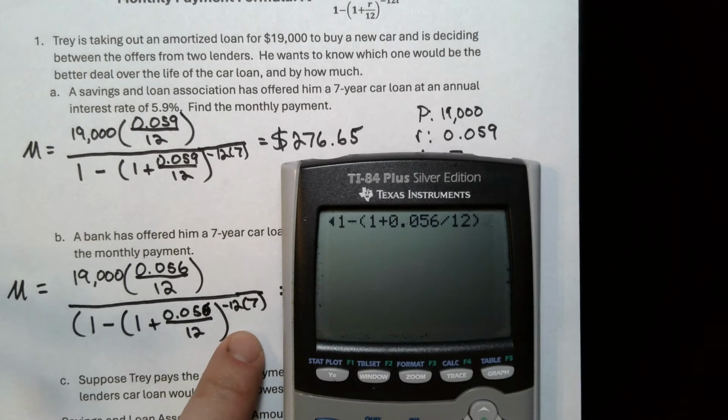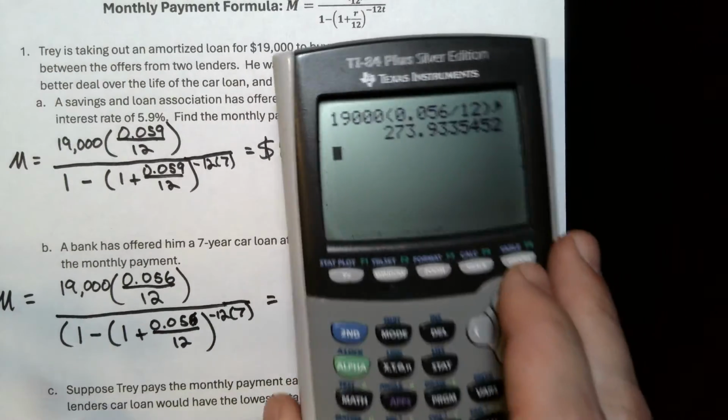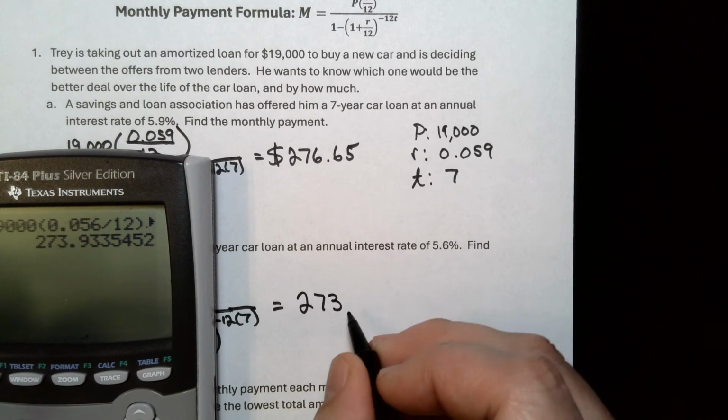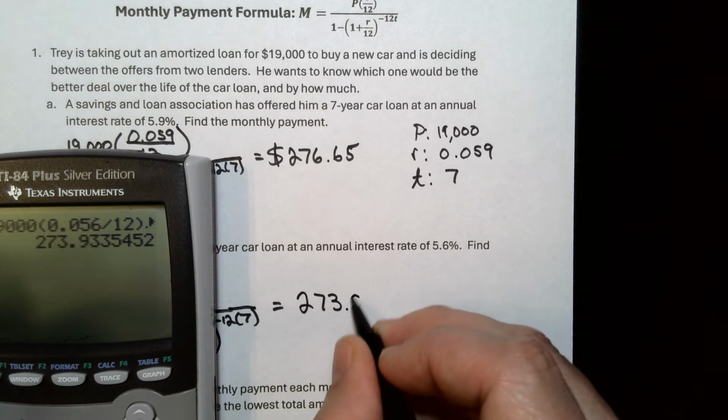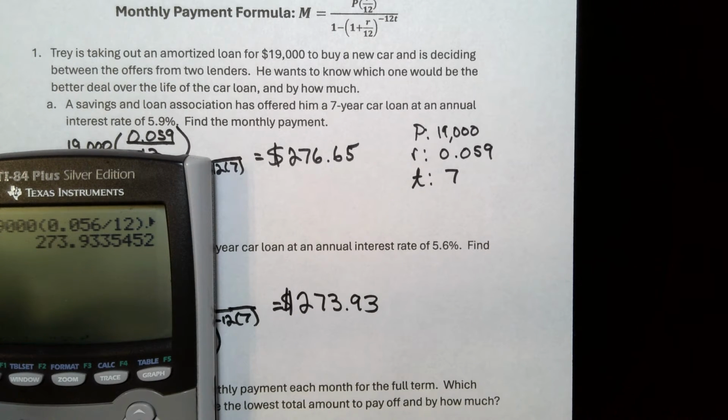And then raise it to the power of negative 12 times 7. Close. Get out of the exponent. Do one more parentheses. And there, finally, we have the right answer. I typed it in correctly, finally. Okay, so it is $273.93. Okay, so we got that one.